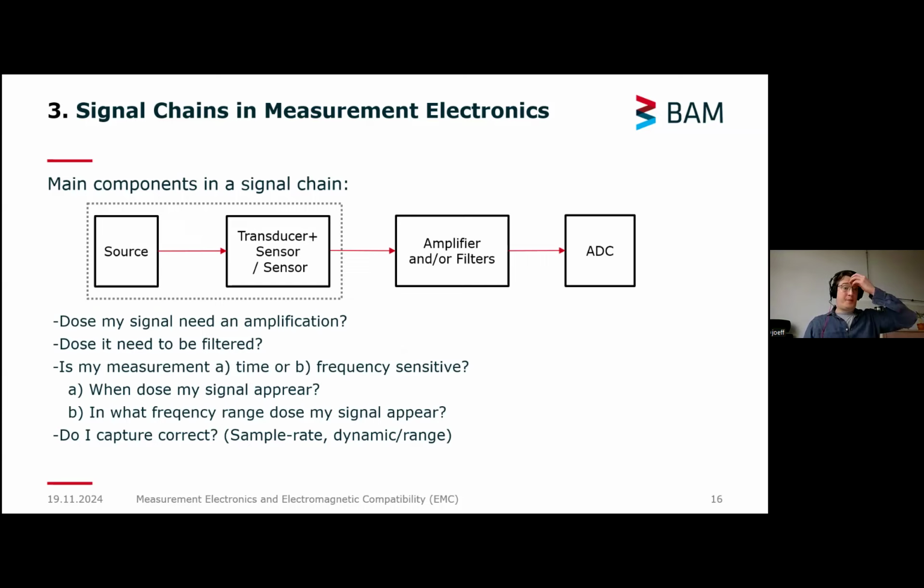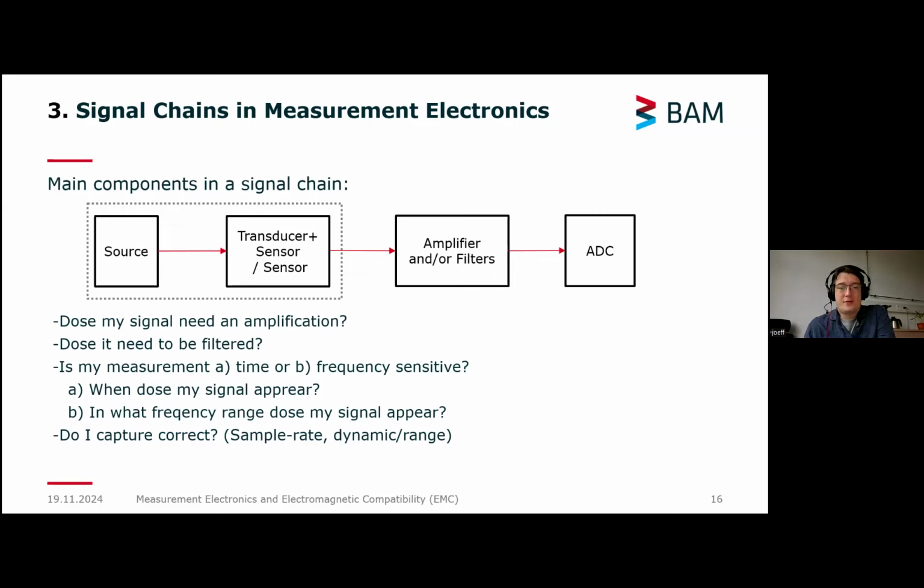And overall, the questions I ask myself when I want to measure something are: is my signal big enough? Does it need amplification, or does it have frequency components which I don't want in my measurement? Do I need a filter? Is my measurement time or frequency sensitive?